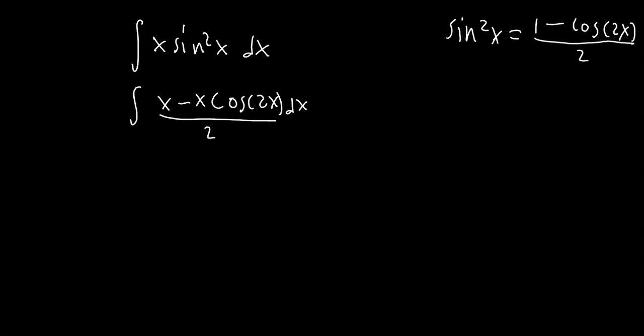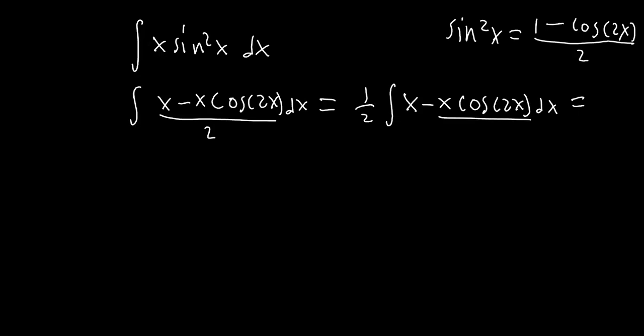Okay, and now this is going to be equal to 1/2 of the integral of x minus x cosine of 2x. Now, how do we go about solving this? Because we have x here times cosine of 2x. Well, for this part here, you can just use integration by parts.